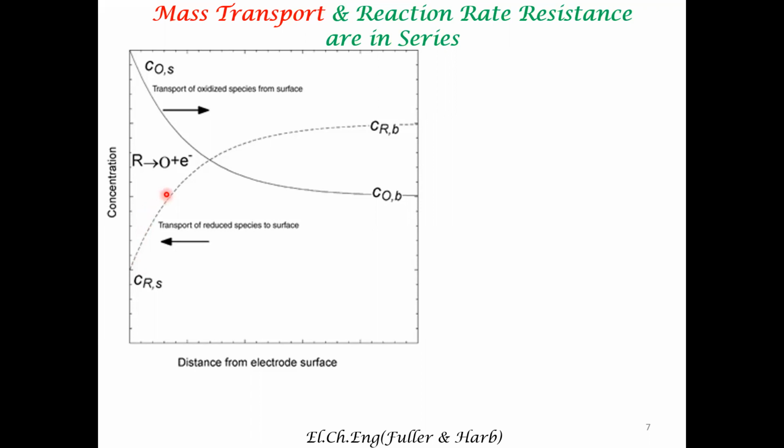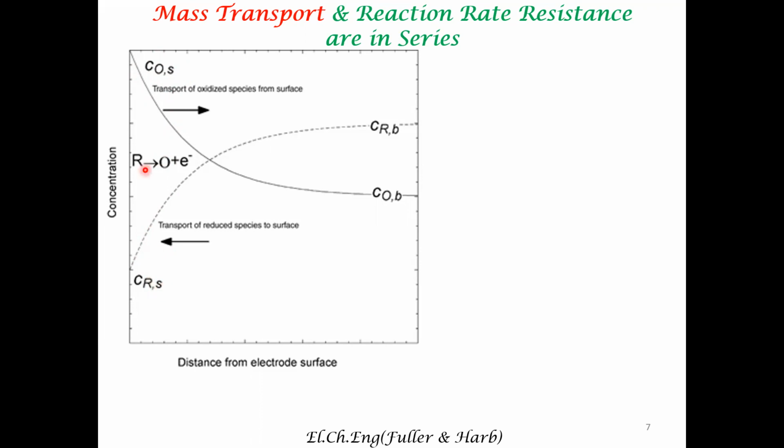The opposite behavior is seen for the oxidized species, because the oxidized species is generated at the electrode surface. The concentration of the oxidized species at the electrode surface is indicated by C_O^S, where S indicates the electrode surface.